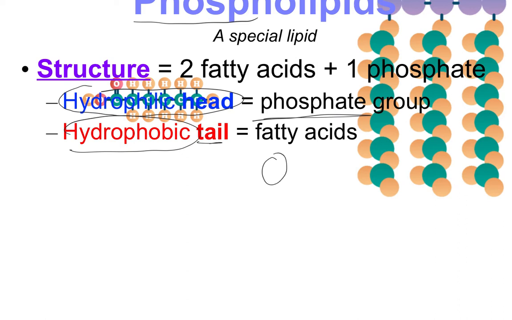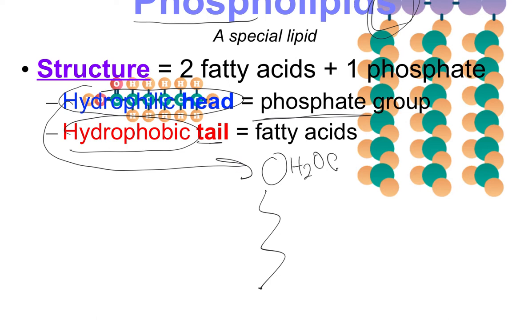So the head part, which is this purple part up here, is hydrophilic. And the tail part, everything that's hanging off of that, is hydrophobic. So this is water loving, and this is water fearing.